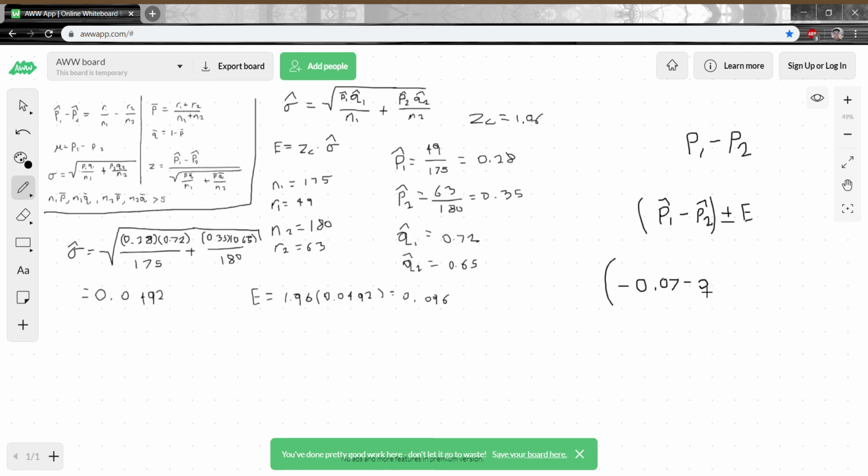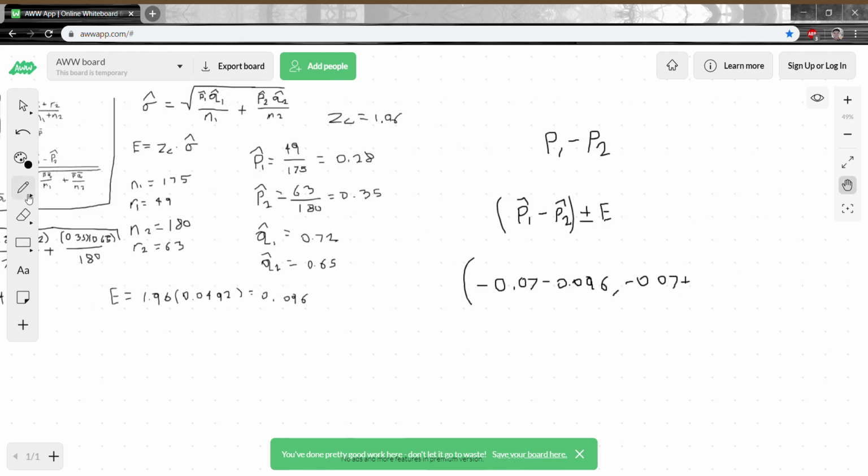which means the lower boundary of our interval is going to be negative 0.07 minus 0.096, and the upper interval is going to be negative 0.07 plus 0.096, which is, in ordered pair form, negative 0.166, comma 0.026.